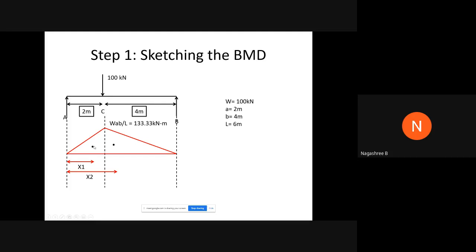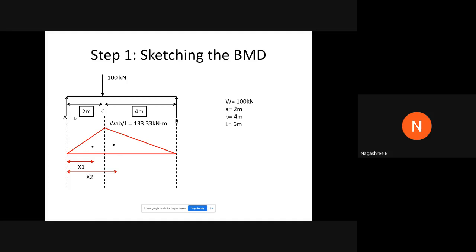Here x1 represents the centroid of the triangle with the 2 meter span, and x2 represents the centroid of the triangle of 4 meter span from A. Here you can choose either A or B, any one of the supports, for determining x1 and x2.